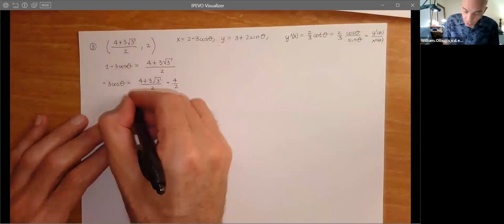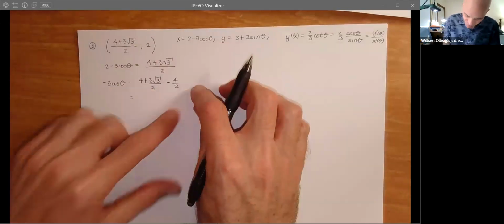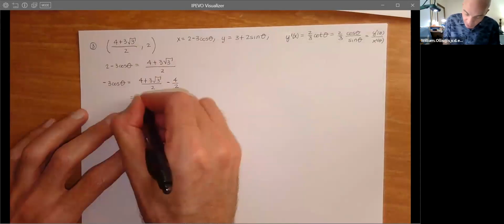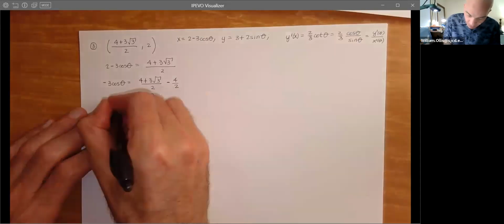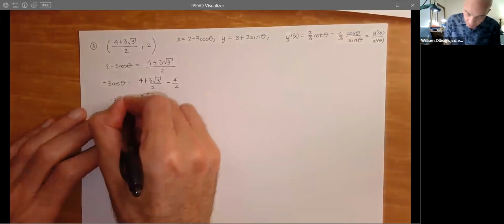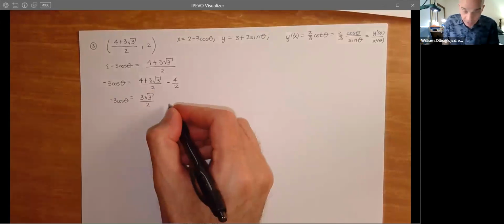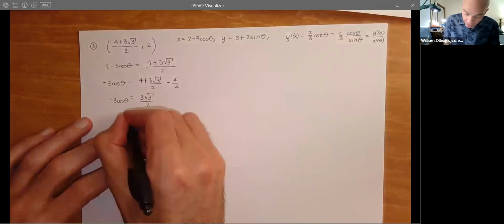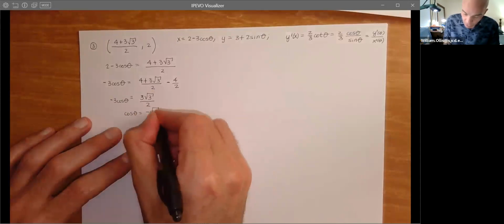WebAssign was good to us because the 4 over 2 and -4 over 2 cancel. So we get 3 root 3 over 2 equals -3 cosine theta. Now we can divide here. The 3's cancel, leaving a negative. So cosine theta equals -√3 over 2.